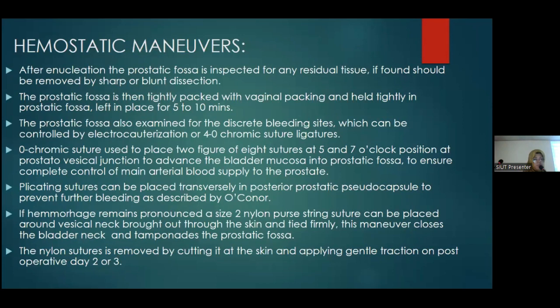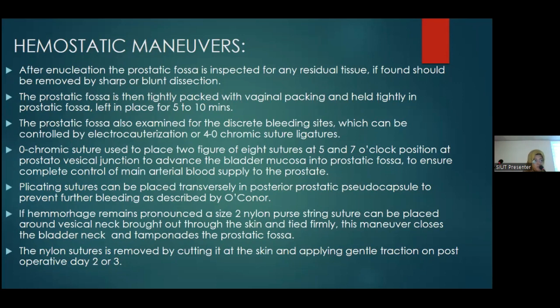After we are done with the enucleation of the prostate, the other important thing is hemostatic maneuvers. The difference between the retropubic prostatectomy and suprapubic prostatectomy is that in the retropubic prostatectomy, after the removal of the adenoma, the prostatic fossa can be directly inspected under vision, and better hemostatic control can be achieved in comparison to the suprapubic approach.